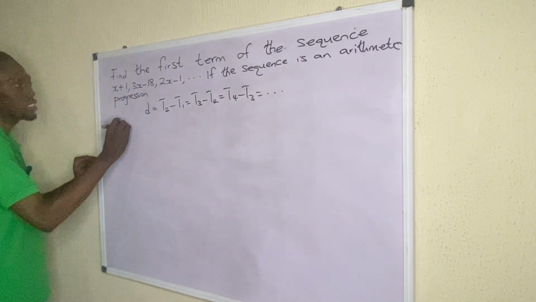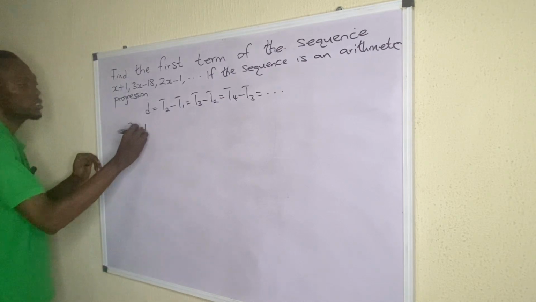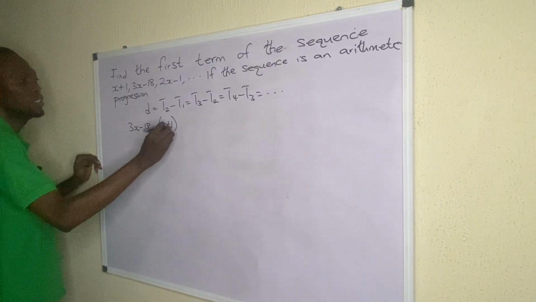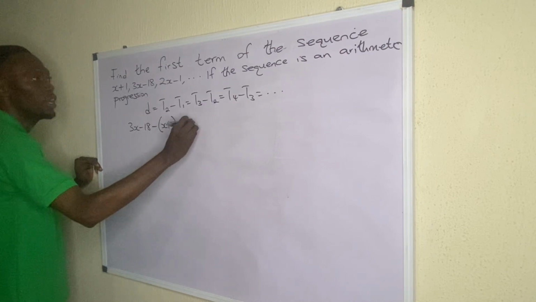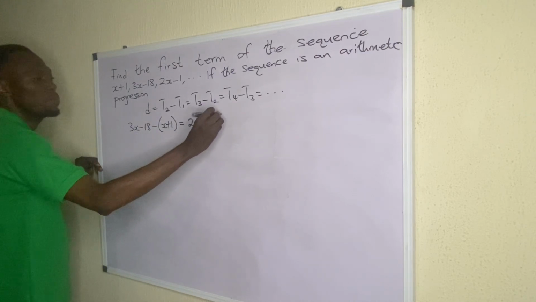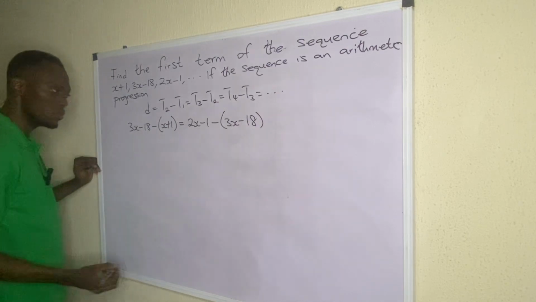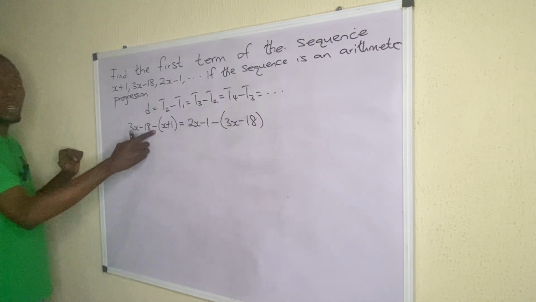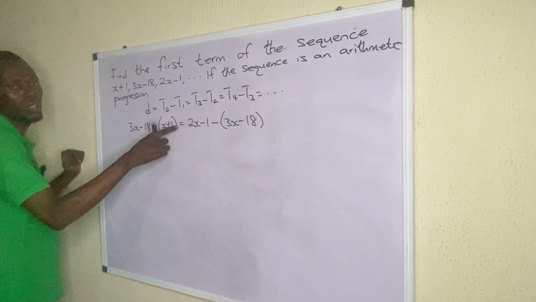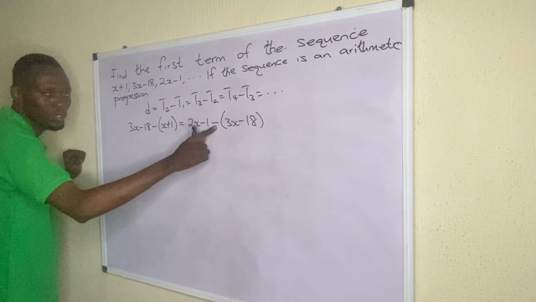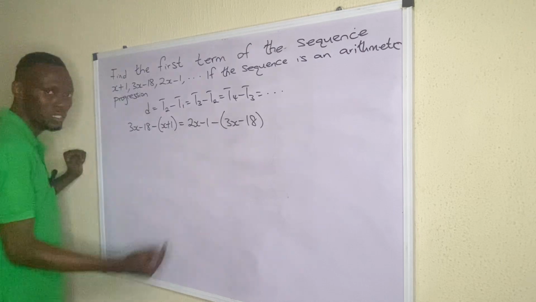That simply means that (3x minus 18) minus (x plus 1) is equal to (2x minus 1) minus (3x minus 18). Now, remember, there's a minus sign outside of the bracket. It means that this minus sign will affect everything in this bracket. Same thing with this minus sign, it will affect everything in this bracket.